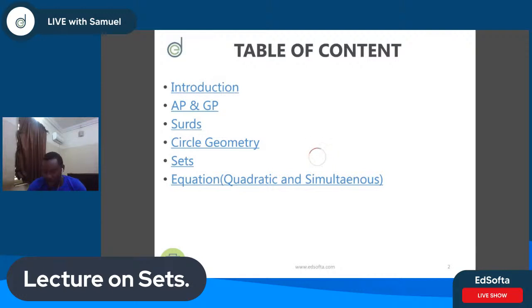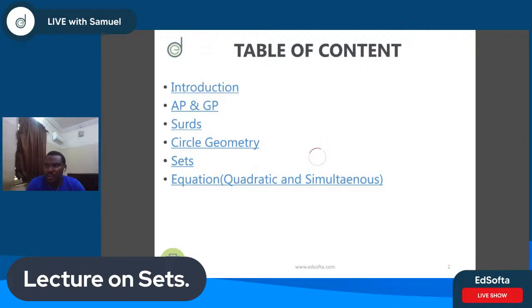So while it's loading, let me just be talking about sets. So what is a set? A set is a collection of objects or things that are well defined. We use sets in our everyday life without even knowing it.